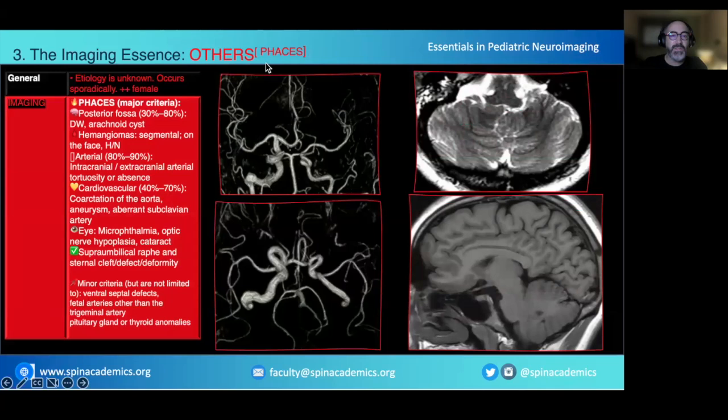There's another case of PHACES syndrome, not as extensive and severe as the other, but you can also see these different patterns of dilations of one side and the other side, one more developed, ectatic and dilated, and here these anomalies of the posterior fossa, like in the foliation, that in this case doesn't follow the folia.